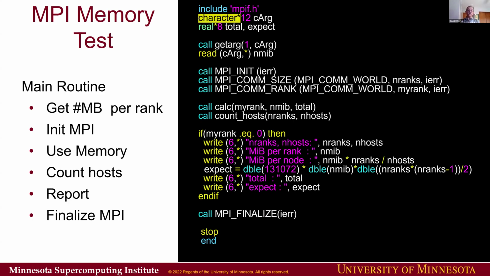What it turned out was that all the ranks are asking for memory, and if you don't request memory correctly, all the memory you request will go onto just one of the nodes, the first node, and the other nodes won't know anything about the memory request.